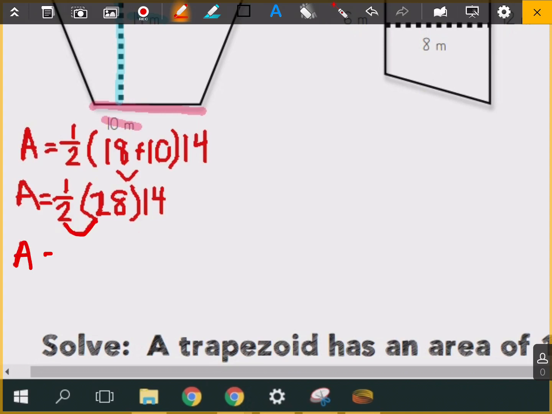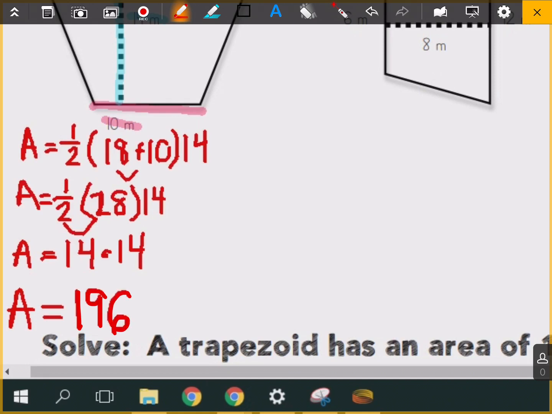So area equals half of 28 is 14, and I'm left with just multiplying by what's at the end, my height, which is also 14. Once I multiply this all the way out, I get 196 as my number. And to put in my measurement unit, we have meters squared.